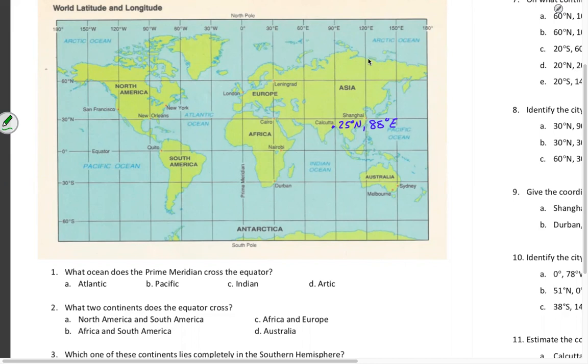Nairobi. Yes. So Nairobi is right here. Nate, what are the coordinates of Nairobi? It's going to be like 0 degrees. 38, 40.